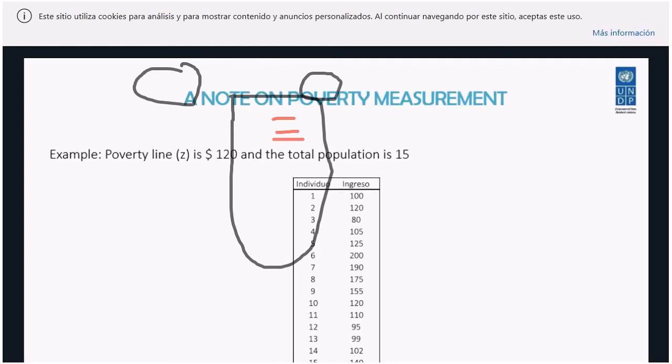This one is also poor. This is poor. These are non-poor. This is poor. This is poor. These two are poor. And this is poor. So how many poor do we have? What is the value of our Q? It's 9, right? So 9 divided by 15 individuals, which is the N, the total size of the population, is 60%. So poverty in this population is 60%.